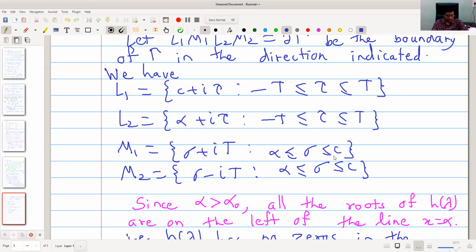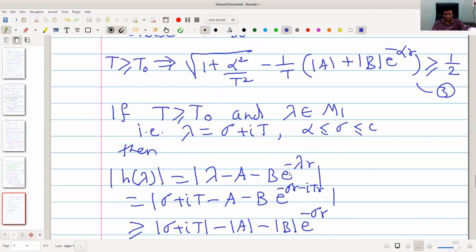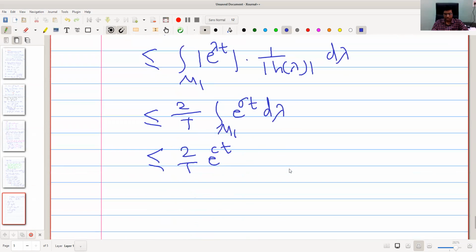Okay, so here c plus it minus alpha plus it, it is the integral of 1 along this line, so simply it is c minus alpha.